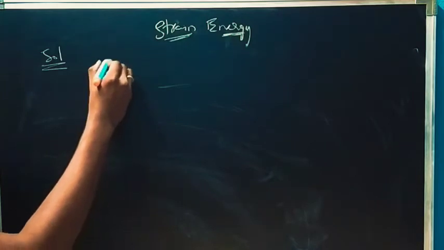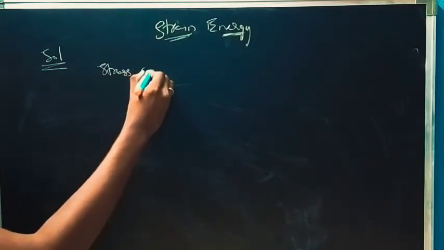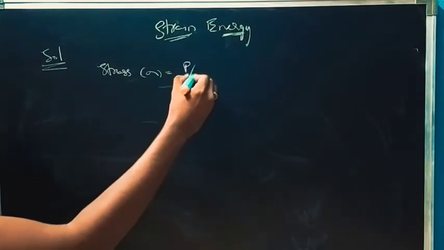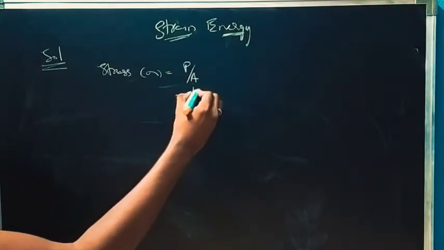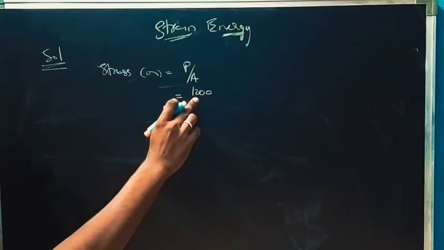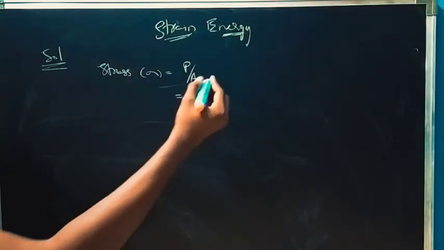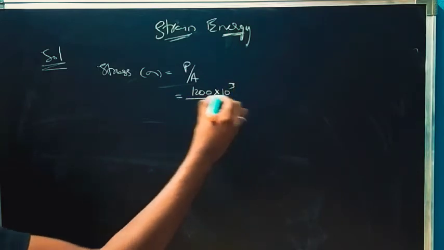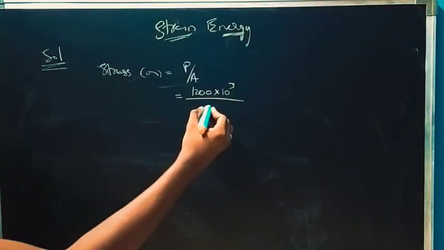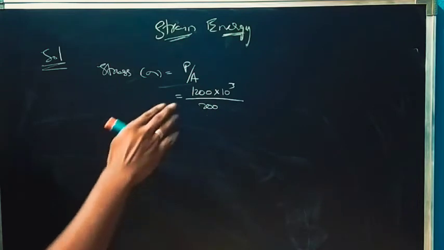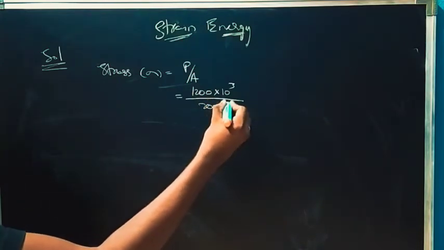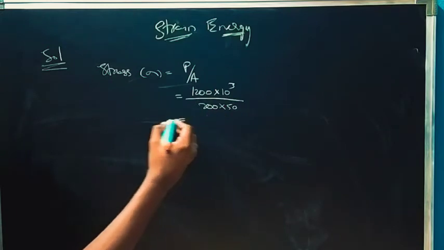So first we'll find out the stress. Sigma equals, for gradual applied load, P upon A, that will be 1200 kilonewton, converted into newtons, it will be 1200 into 10 to the power of 3, upon 200 into 50, that is the cross sectional area, right?